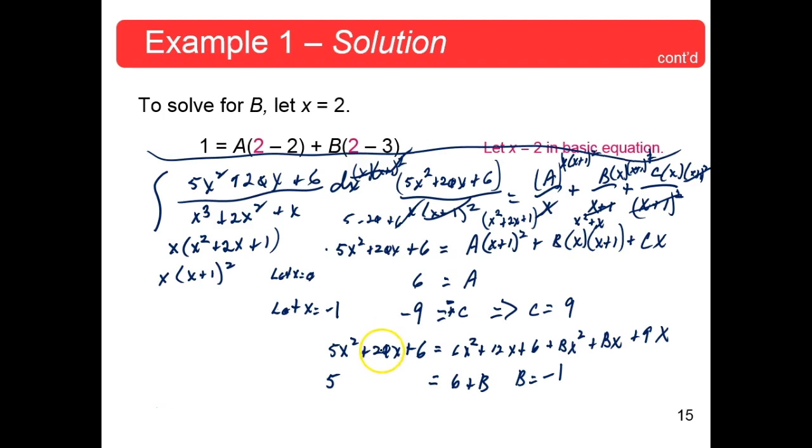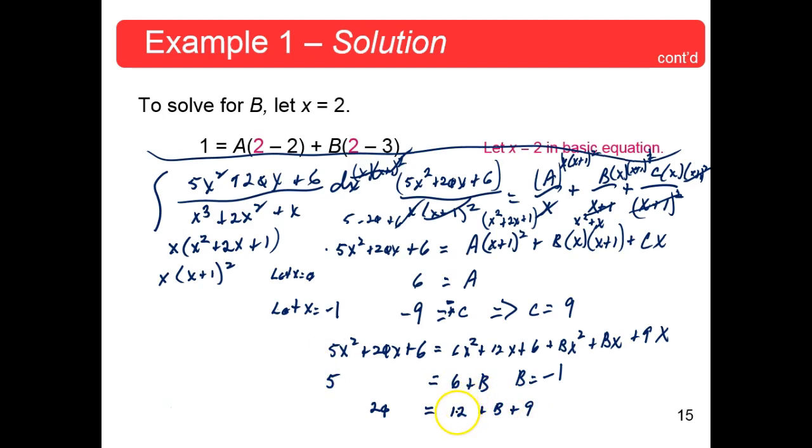Let's look at the linear terms. Here we have a 20 is equal to 12 plus b plus 9.